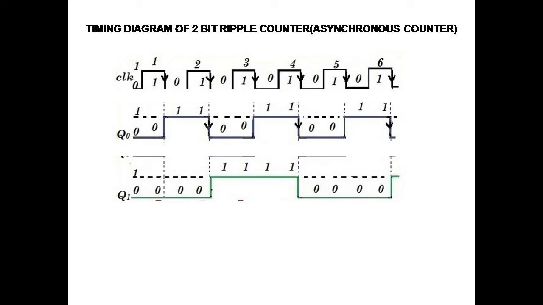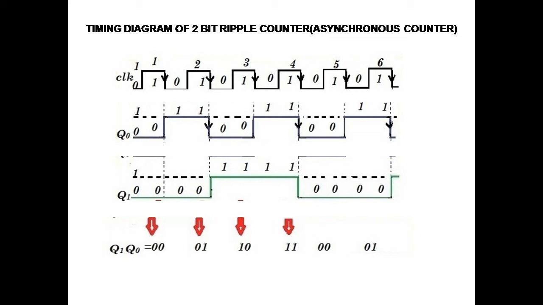The output of the second flip-flop depends on the output of Q0. So, when the clock pulse is going from high to low, the output of flip-flop 2, that is Q1, changes its direction. It goes high and vice versa.